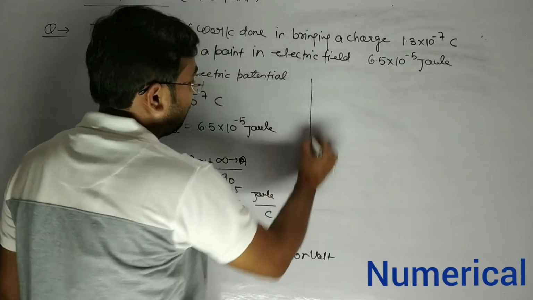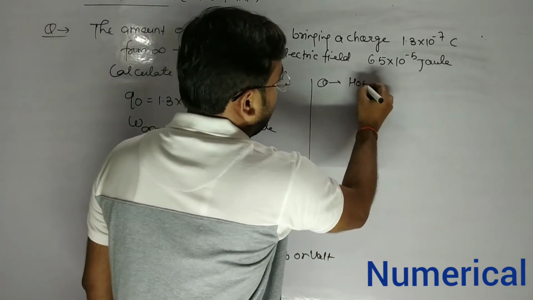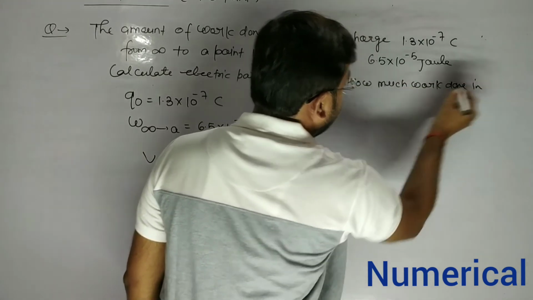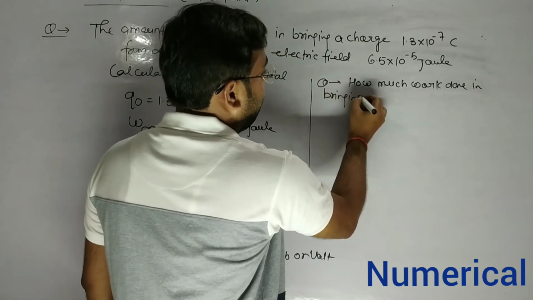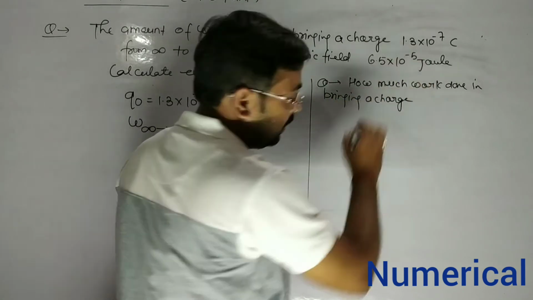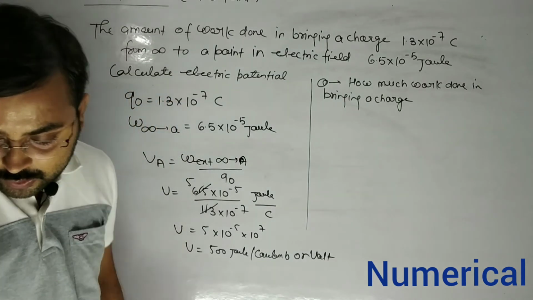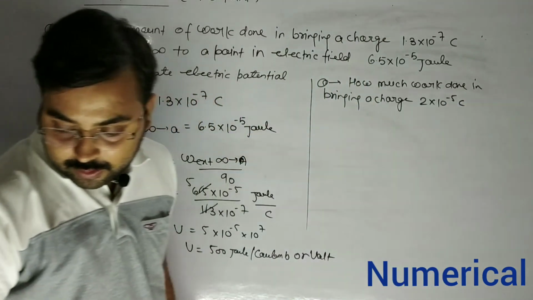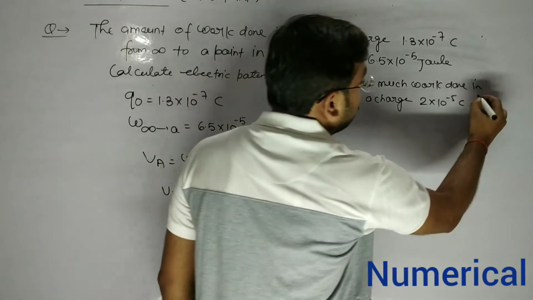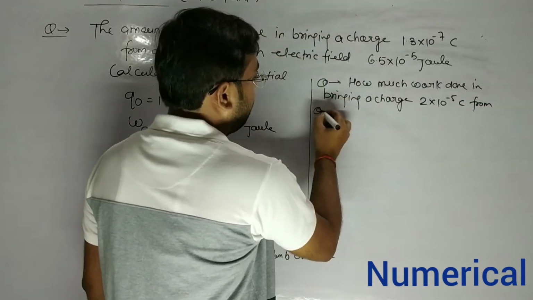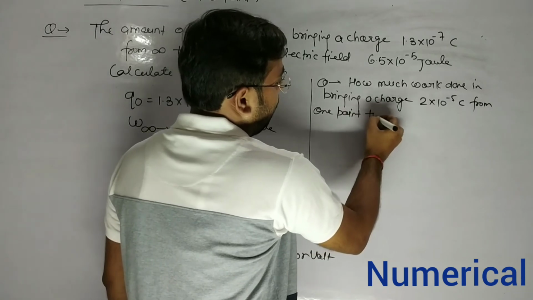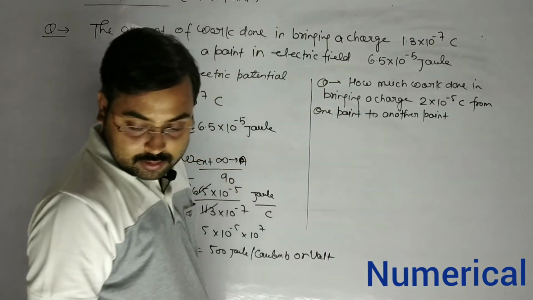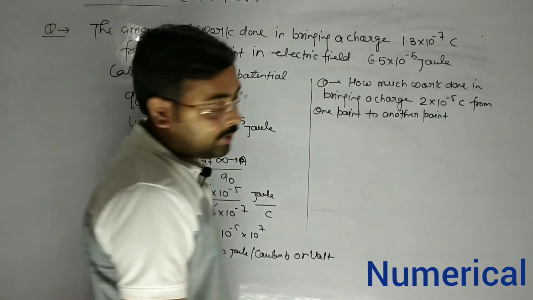Second, how much work is done in bringing a charge of 2 into 10 to the power minus 5 coulomb from one point to another point, if the potential difference is 50 volt?